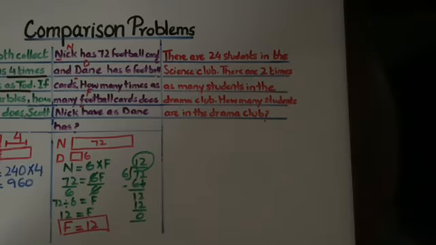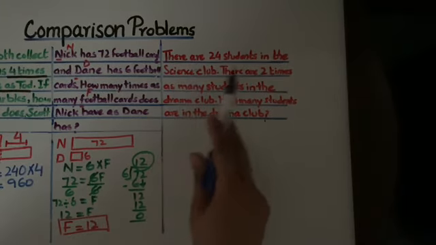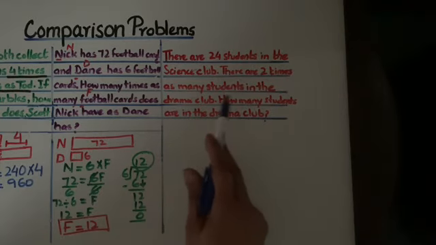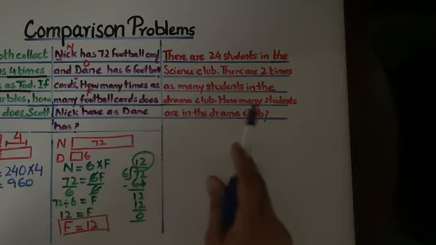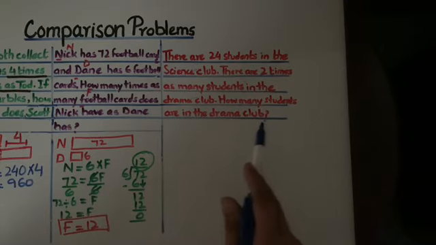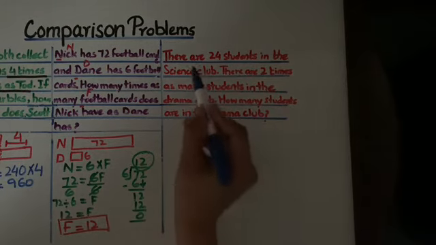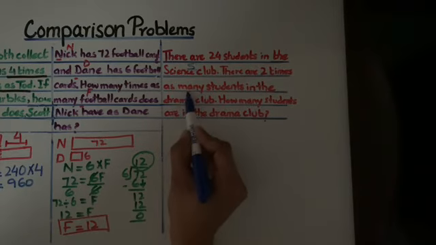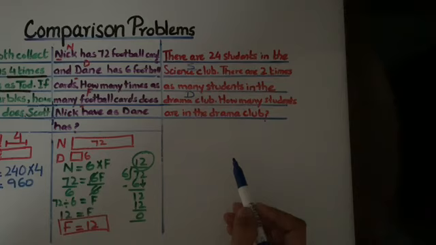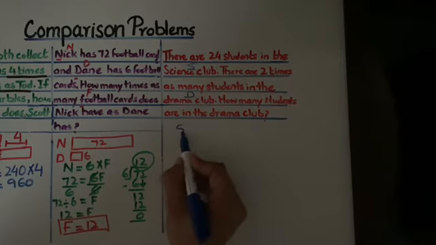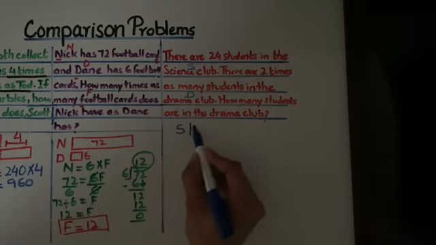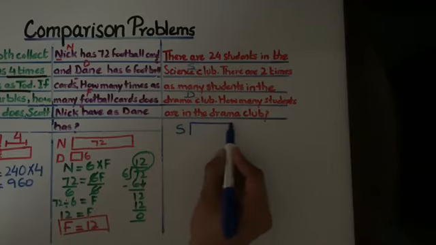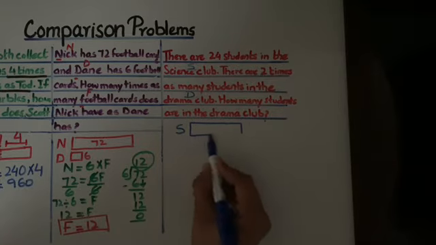In this problem, there are 24 students in the science club. There are 2 times as many students in the drama club. How many students are in the drama club? So we have 2 clubs. One is the science club, so I'm going to use S, and for the drama club, I'm going to use D. How many students are in the science club? 24 students are in the science club.